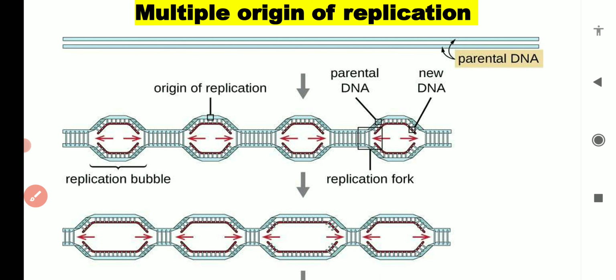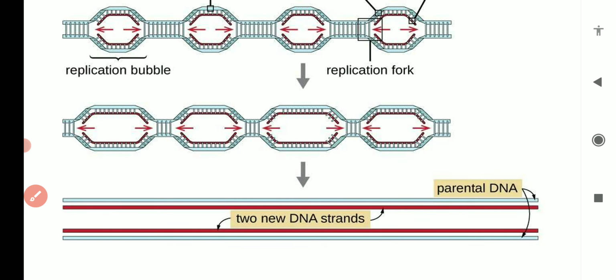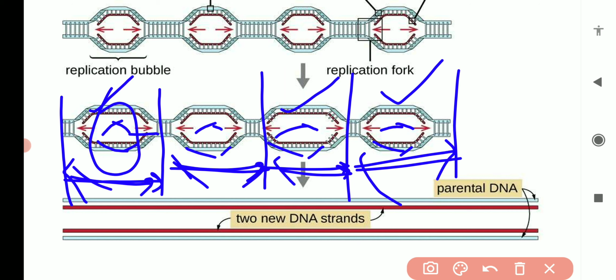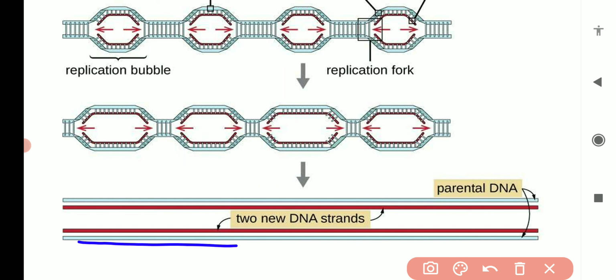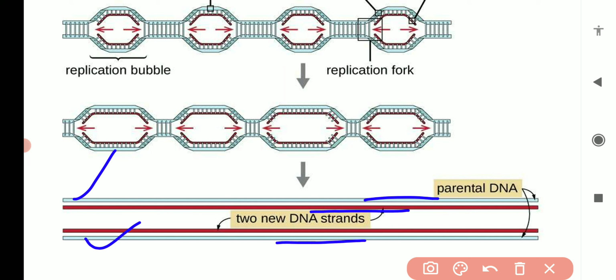So this is known as multiple origins of replication, and at the end of DNA replication two DNA molecules will be formed. We have already discussed that in each of these DNA molecules, one will be the parental strand and one will be the newly synthesized strand, because DNA replication takes place in a semi-conservative manner.